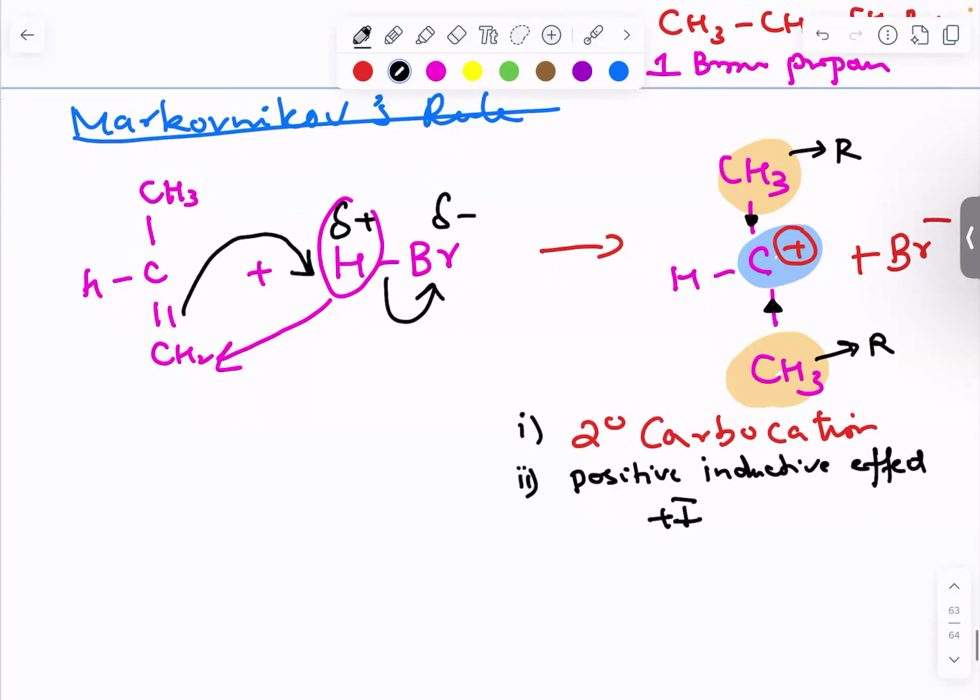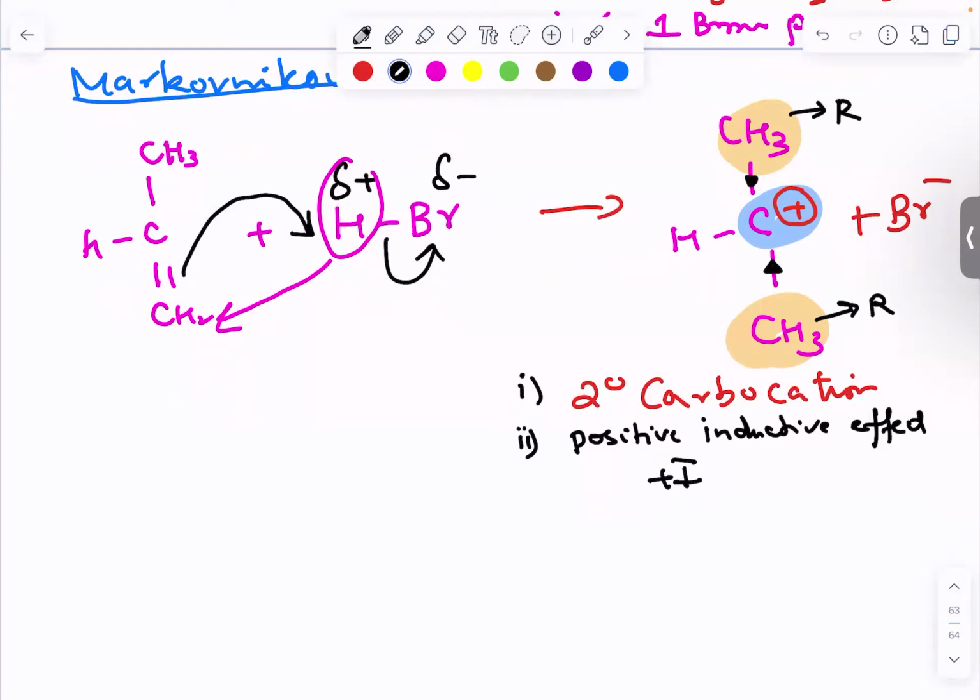This electron-releasing effect tends to stabilize the positive charge of the carbocation. The more alkyl groups there are attached to the positively charged carbon atom, the more stable the carbocation is. So that is why a secondary carbocation is definitely more stable as compared to a primary carbocation.